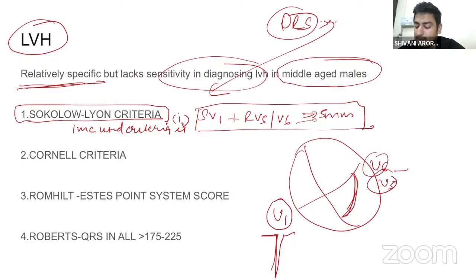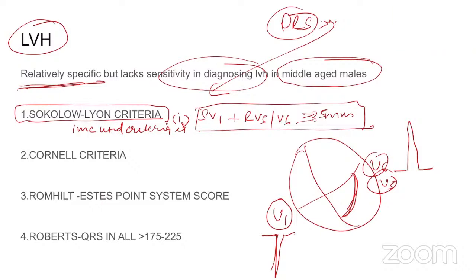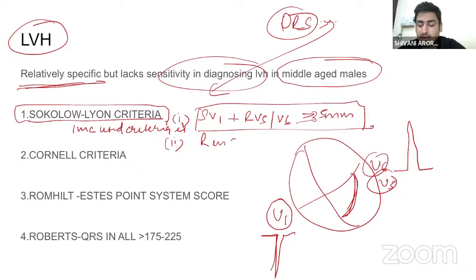So their sum becomes more than or equal to 35 mm. The second component of this criteria is R in aVL, which should be equal to or more than 11 mm. This occurs for the same reason: since the aVL lead is somewhat like here, aVL would record a more upward deflection.